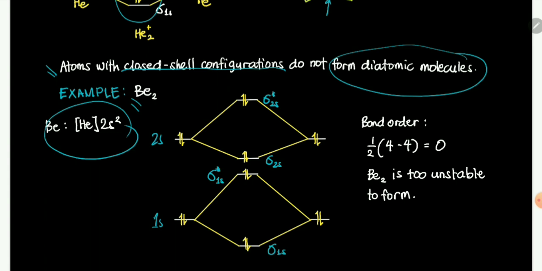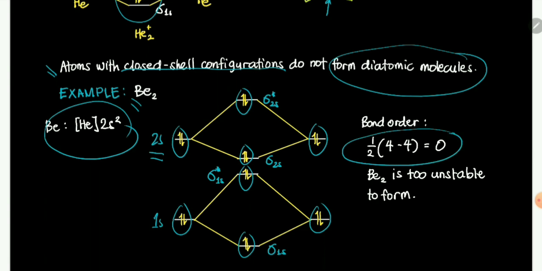So since yung 1s niya ay 1s2 per beryllium atom, magkakaroon tayo ng 4 na electrons doon sa 1s, sa sigma 1s and sa sigma star 1s. So tigdalawa sila ng electrons. Okay? So yung 2s din natin ay may tigdalawa per beryllium atom. So tigdalawa din yung electrons doon sa sigma 2s at sigma star 2s. So ibig sabihin, ang bond order niya ay 0. So ibig sabihin, ang ating beryllium-2 ay too unstable to form.